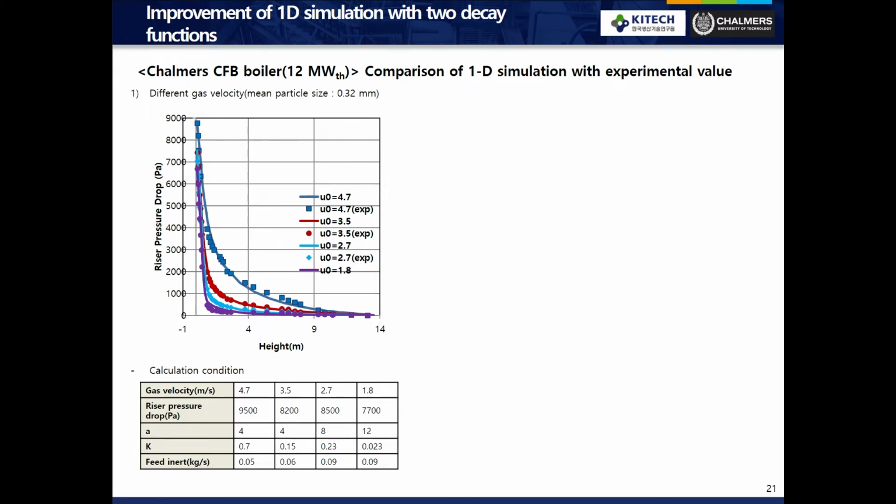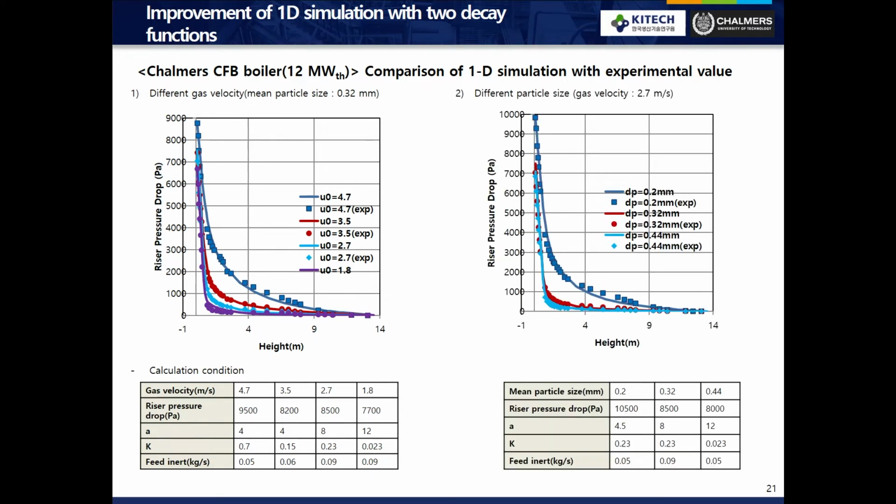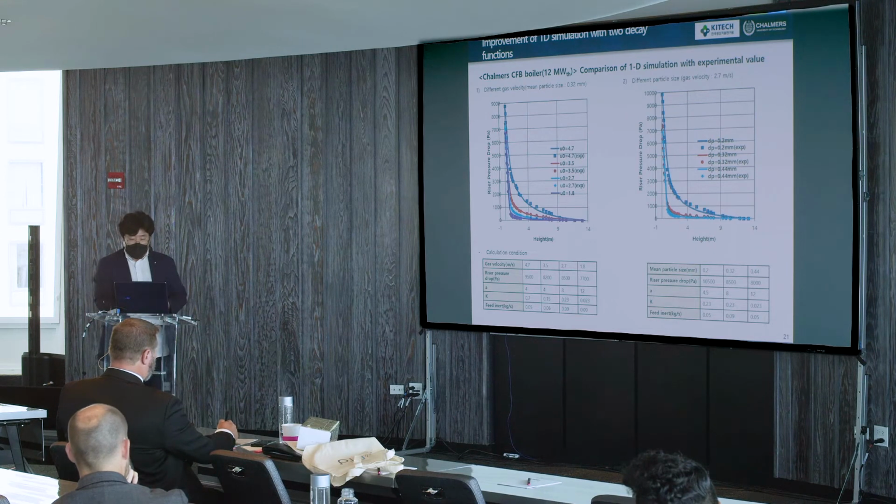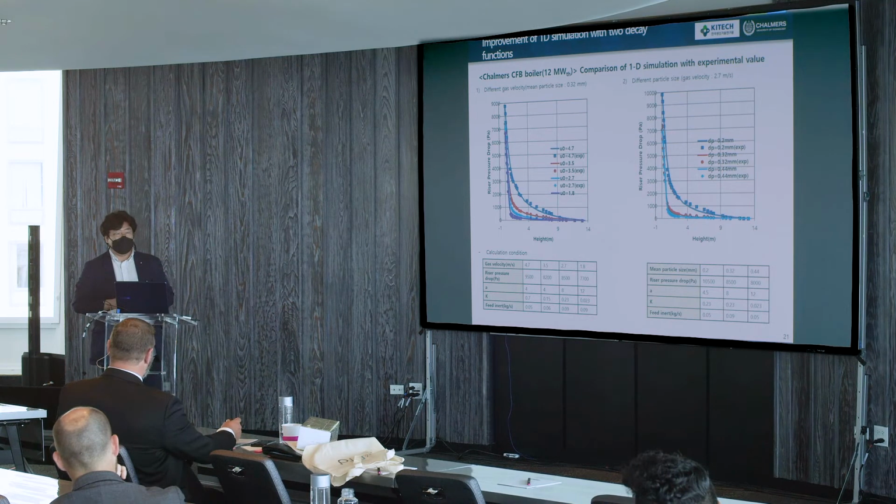You can see some coefficient change for the model, and then this is the effect of the mean particle diameters, you can see the result. Now by verification of the models, we can estimate correctly the overall hydrodynamic characteristics of the riser.